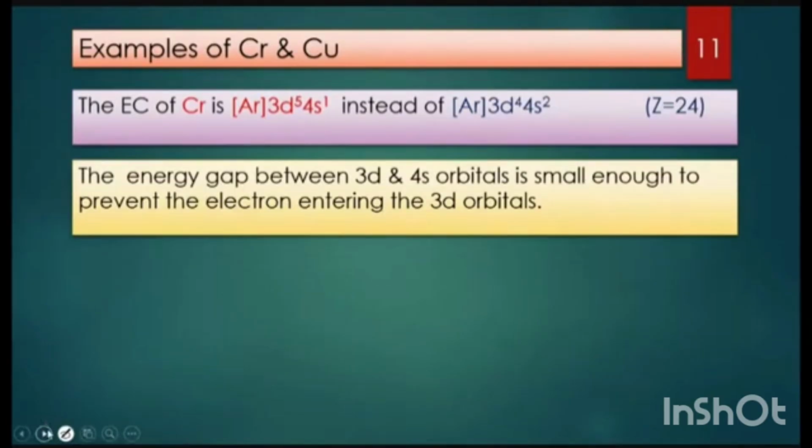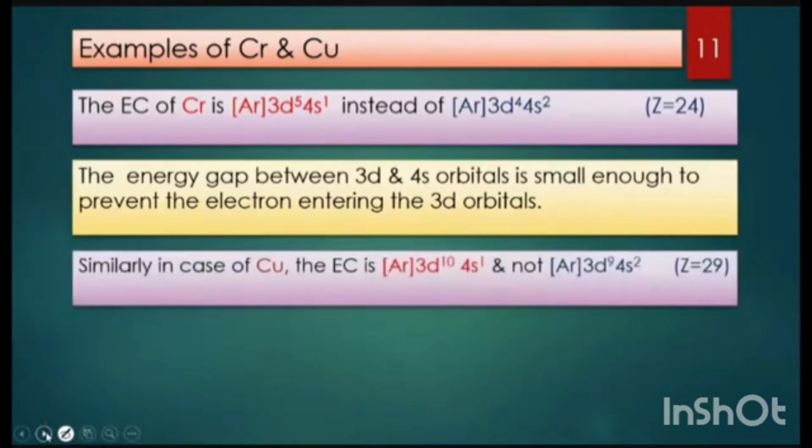Similarly, I'm going to take one more example. In case of copper, its electronic configuration is written as argon core 3d10 4s1 and not as argon core 3d9 4s2. When we fill the 4s orbital first and after that allocate the remaining electrons in the 3d orbital, we obtain argon core 3d9 4s2.